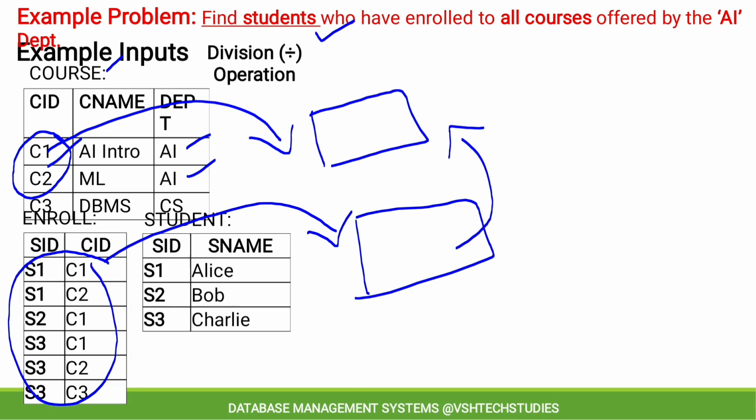So when we divide this by this relation, we get the student IDs who have enrolled to all the courses offered by the AI department. Once we have student IDs, next we can find the student names from the student table in the next step. So this is the approach to the problem.